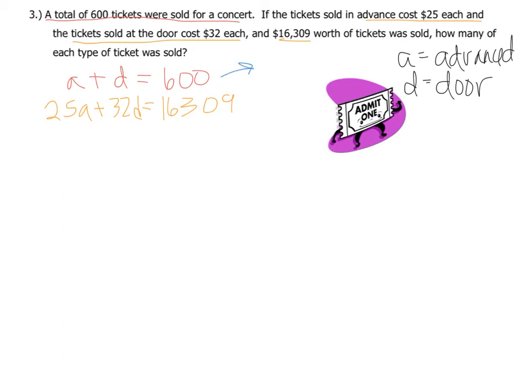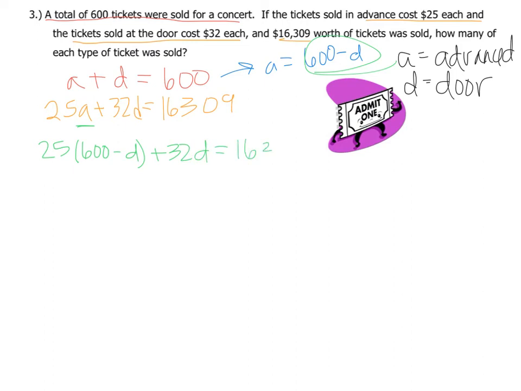For substitution, I need to solve for either A or D. I'm going to solve for A. So all we had to do was subtract D from each side. So now we can take this 600 minus D and put it in for this A. So 25 times 600 minus D plus 32D equals 16,309.